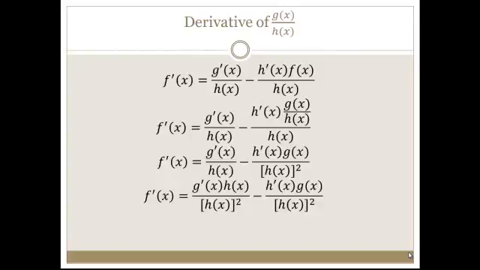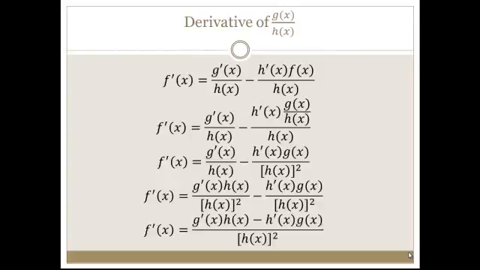Notice that both of our fractions now have the same denominator of h of x squared. So we can subtract one fraction from the other by simply subtracting the top of one fraction from the other to get f prime of x equals g prime of x times h of x minus h prime of x times g of x all over h of x squared.